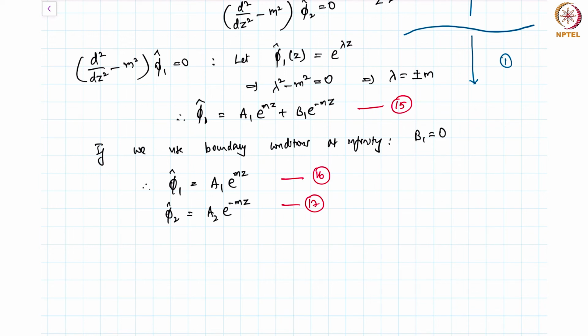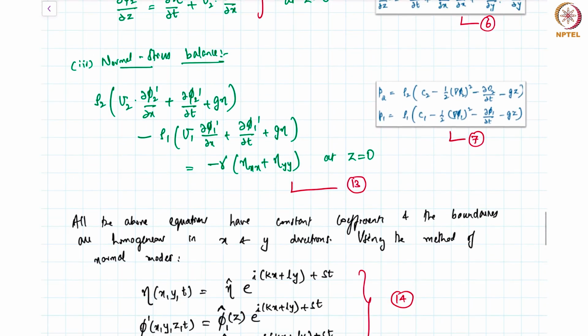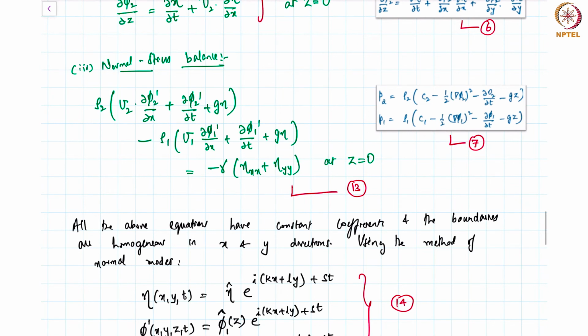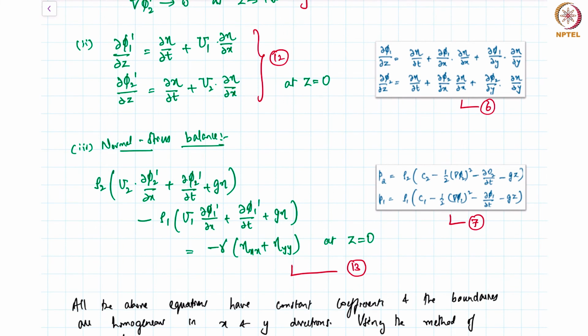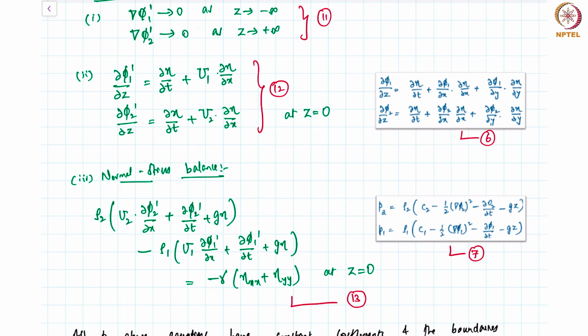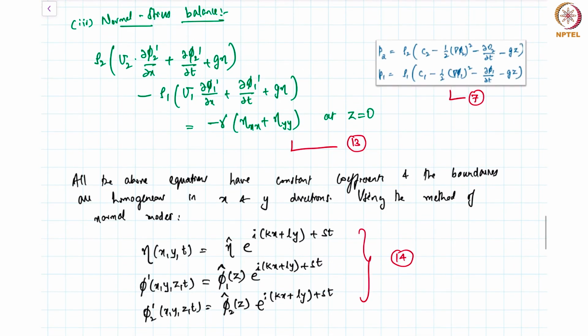Now, let's quickly see what we have got so far. If you look at equation number 12, it's a simple relationship between phi 1 prime and eta. And equation 13 is also a relationship between phi, eta and the base state quantities, such as density, velocity, and we have the interface quantity gamma, right?